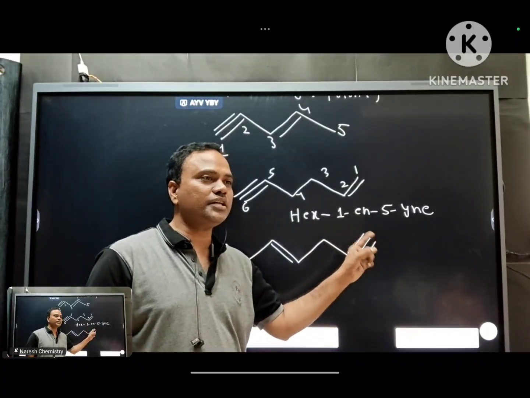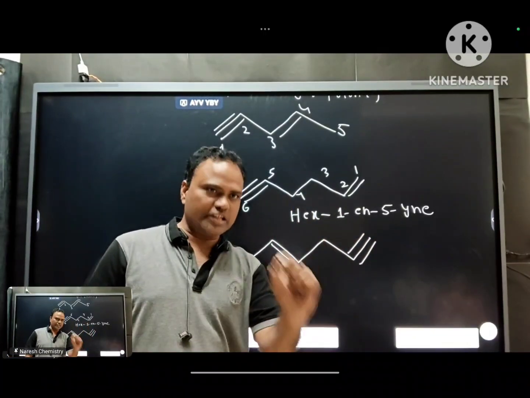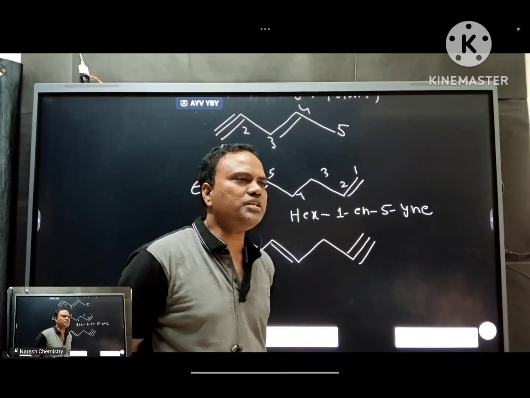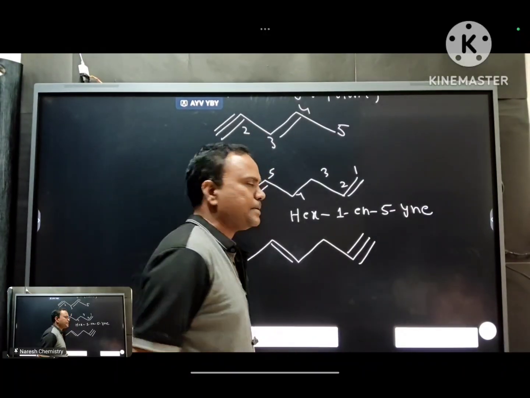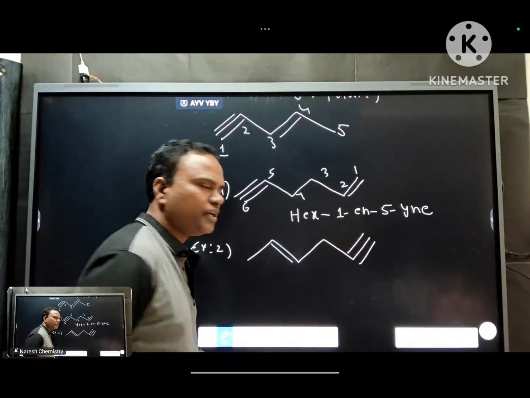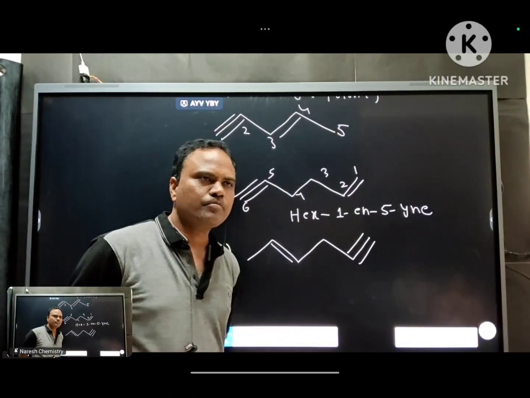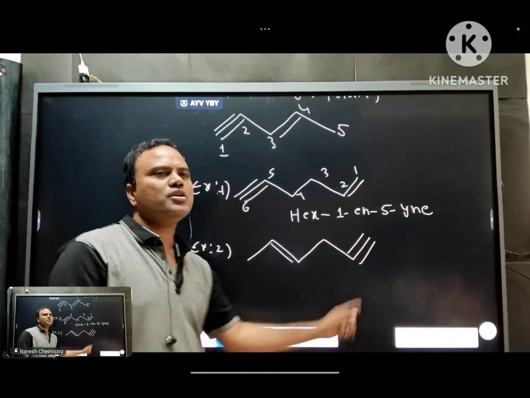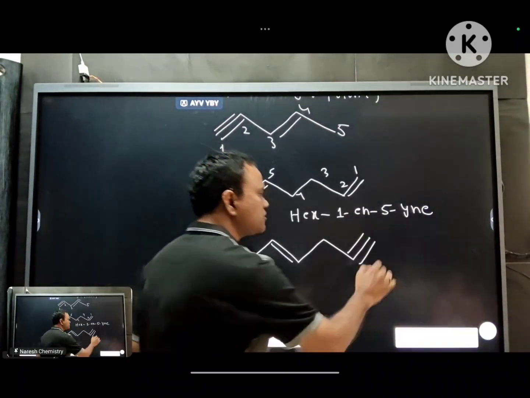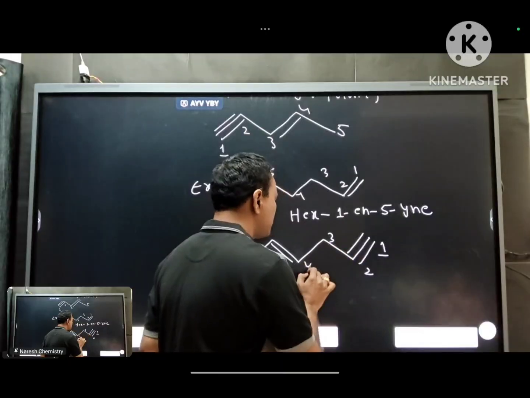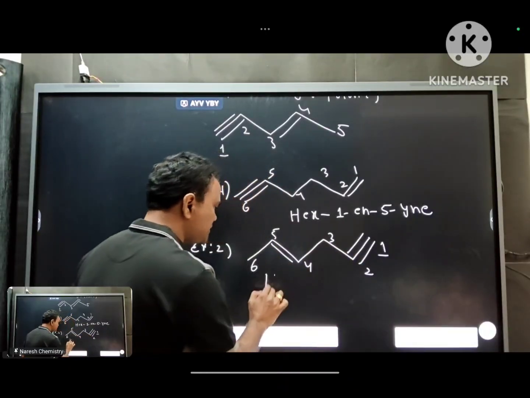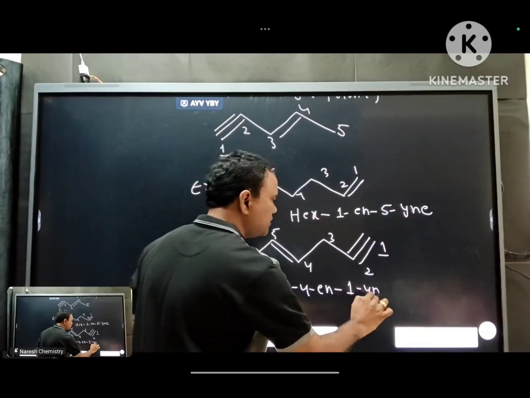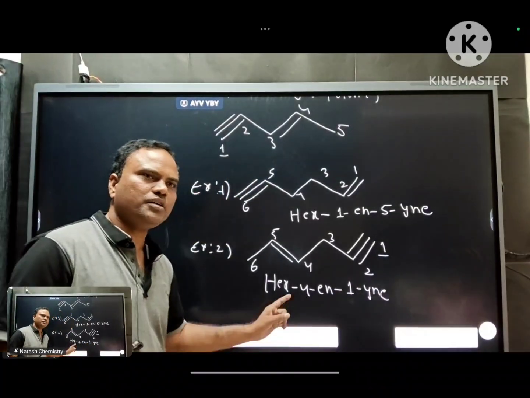Name always ends with "-yne", irrespective of the position of the double bond and triple bond. Give the name. Why right to left? Because the triple bond is coming first. Hex-4-en-1-yne.